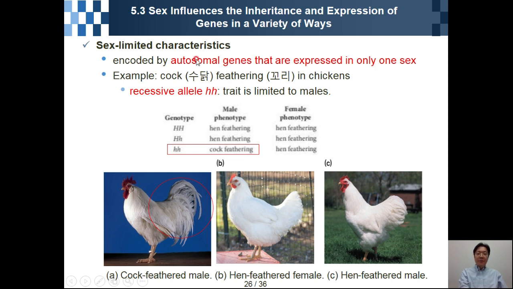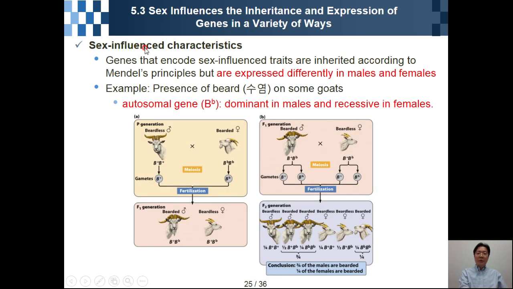What is the difference between sex-limited and sex-influenced characteristics? For example, large BB is expressed in both male and female, but there is a difference, because large BB is dominant in the male and recessive in the female.